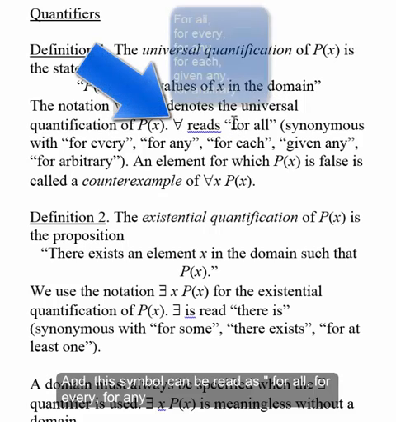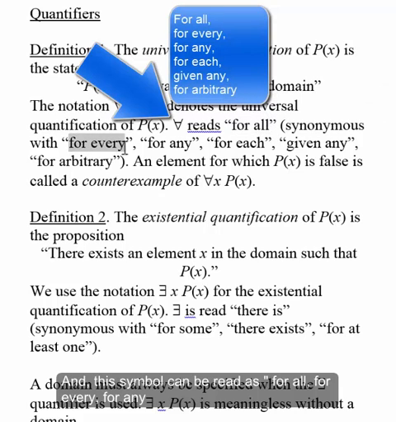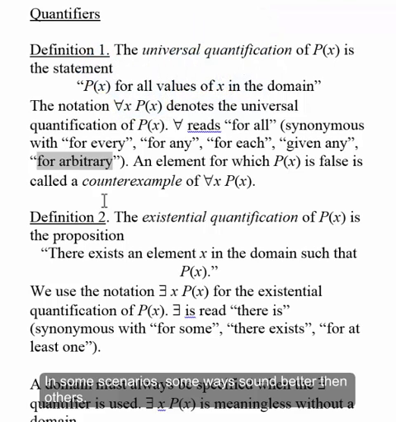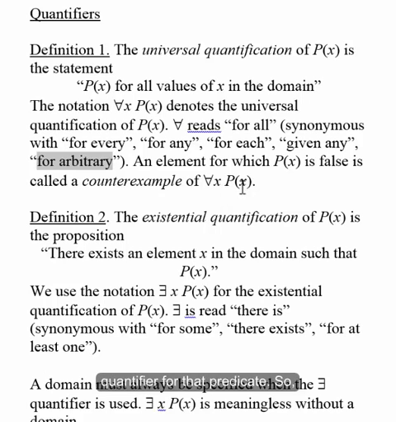This symbol can be read as for all, for every, for any, for each, given any, or for arbitrary. You can read them the way you like them. In some scenarios, one way sounds better than others, but ultimately they all mean the same. An element for which this predicate is false is called a counterexample of the universal quantifier for that predicate.